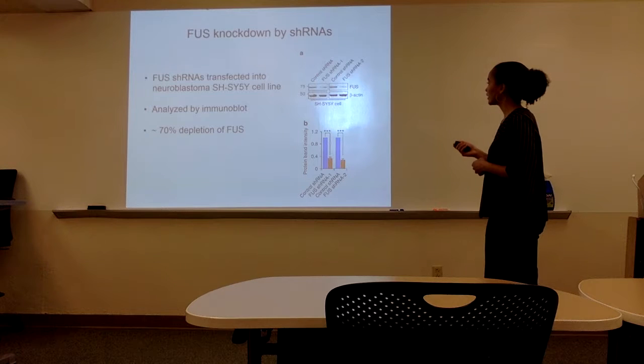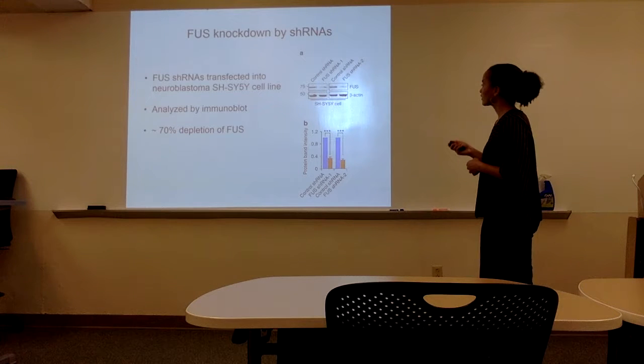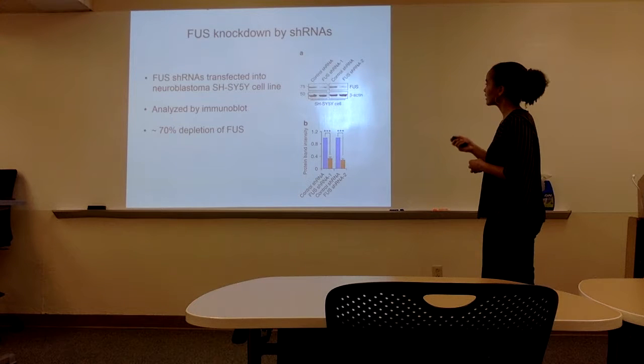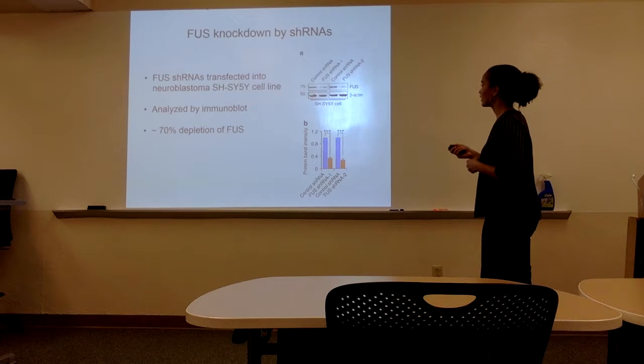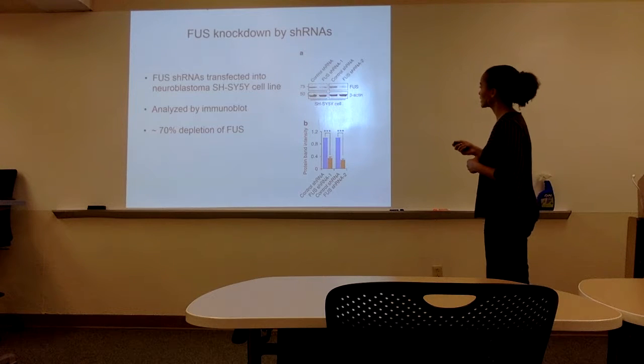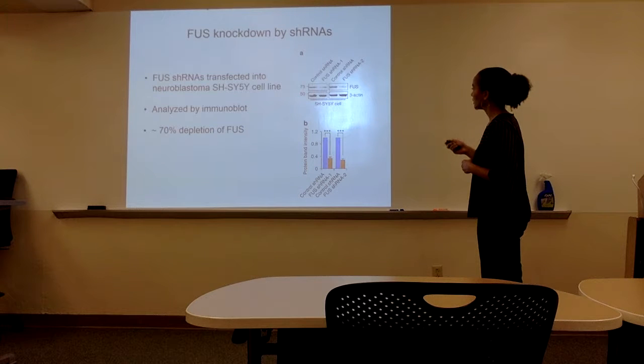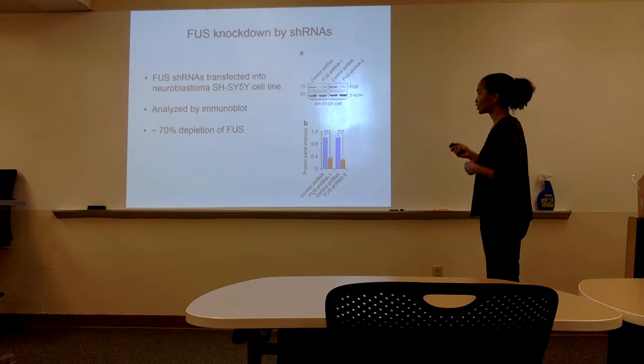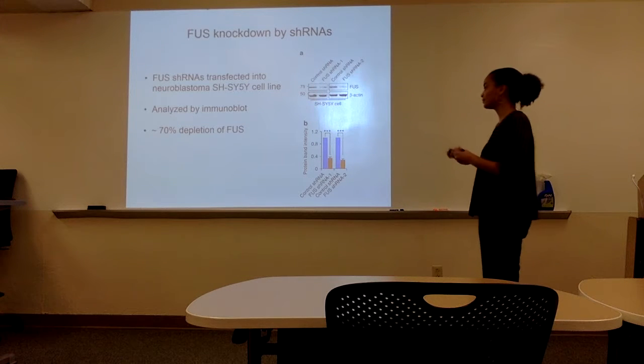So if you look here, looking at the control compared to the FUS shRNA1, there is a decrease in the presence of FUS. And it's the same thing here in the second one, comparing the control with FUS shRNA2. And the beta-actin they used was just the control.